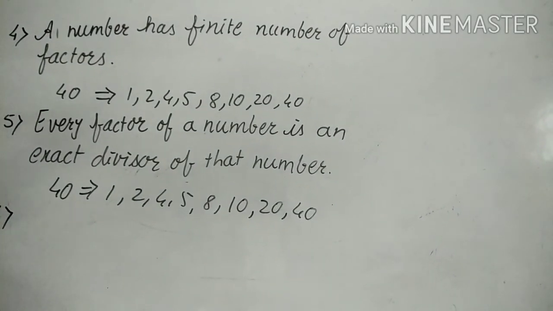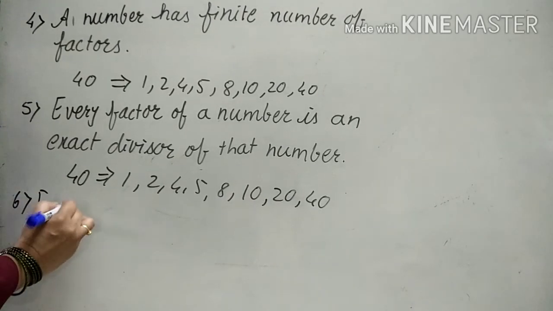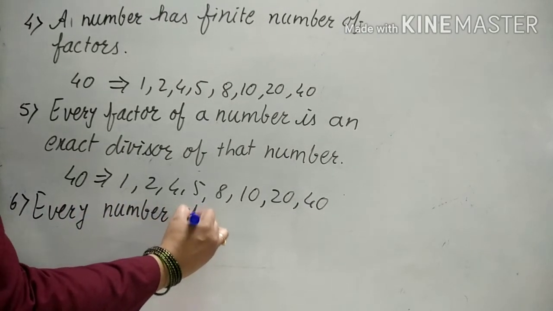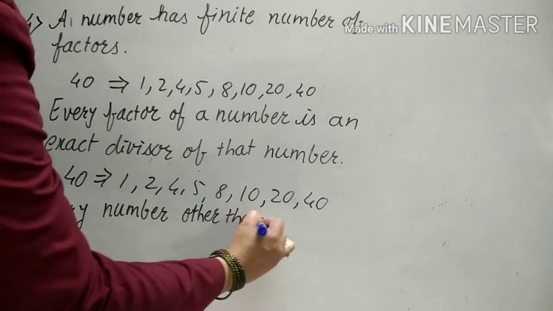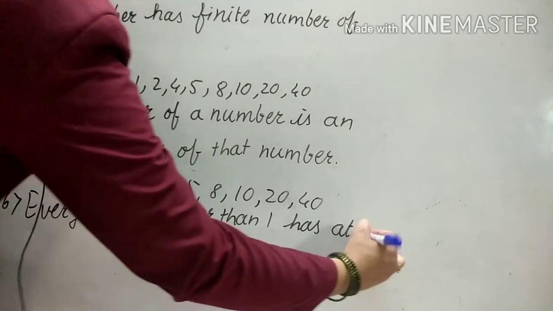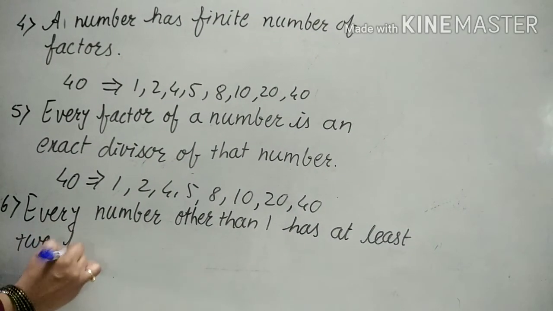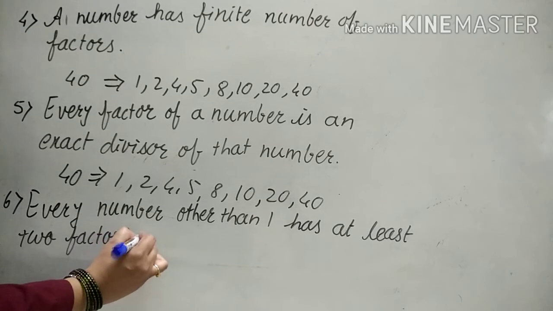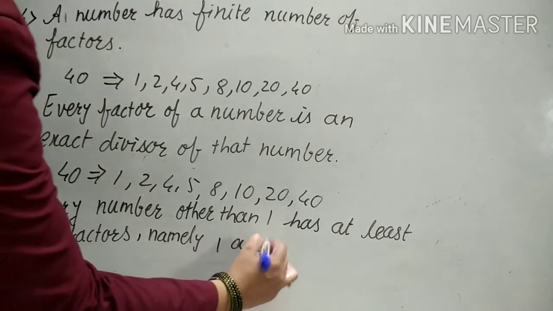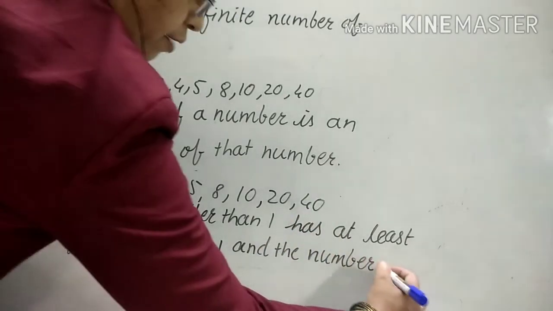So property 6. Let us see the 6th property. Every number other than 1 has at least 2 factors, namely 1 and the number itself.